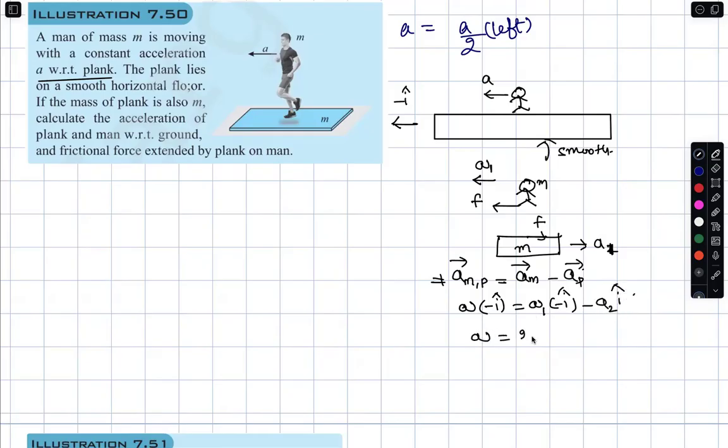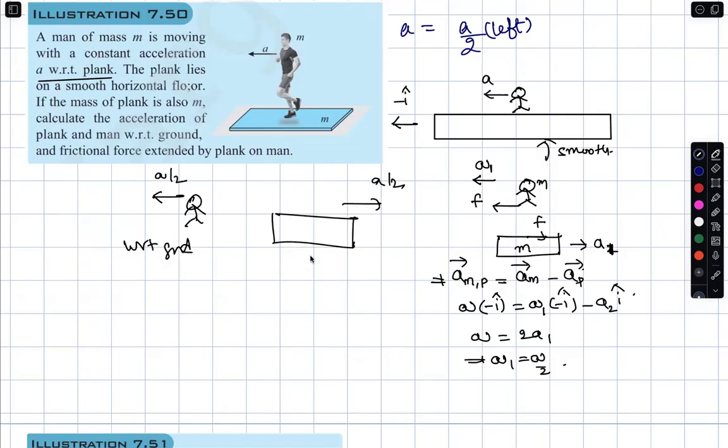So A is 2A1, and A1 is A by 2. So the man is having an acceleration A by 2 with respect to the ground. Similarly, the plank is having an acceleration of A by 2 with respect to the ground. Any doubts? This is the most repeated question. Even in Mains you may be given this question. The most repeated model. Next.